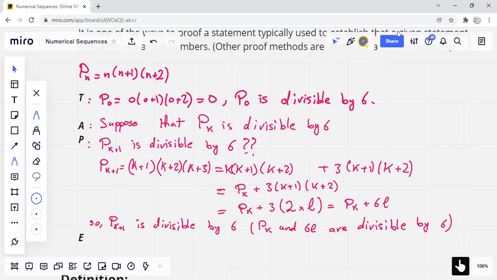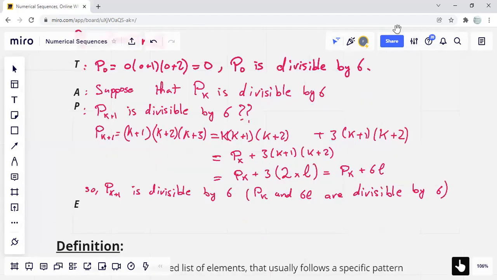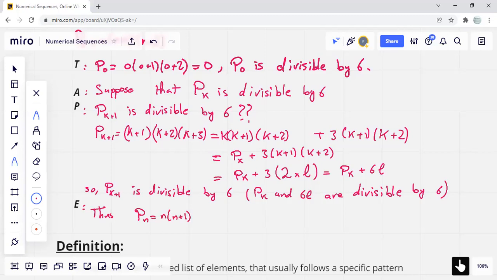Okay, this is the main step of the induction, and then E is explain or conclude. So in this step we simply write, thus or hence or therefore, thus Pn, which is equal to n into n plus 1 into n plus 2, is divisible by 6 for any natural number n.